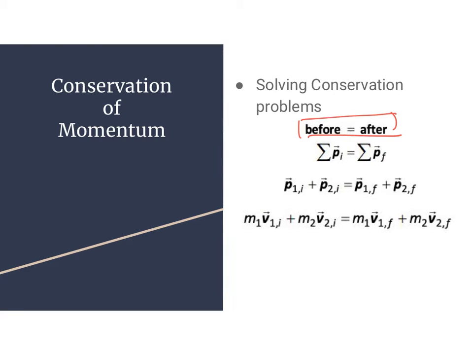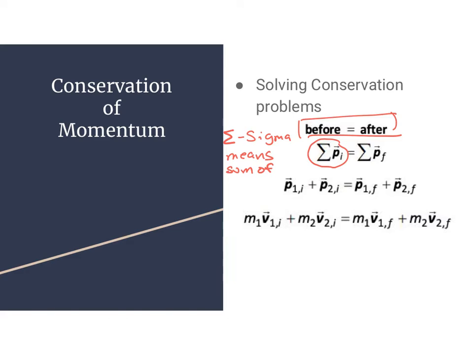So all this fancy looking math means is that the sum of all the initial momenta, which is this piece here, and we mentioned it, but this capital sigma means sum of, right? So the sum of all the initial momenta.